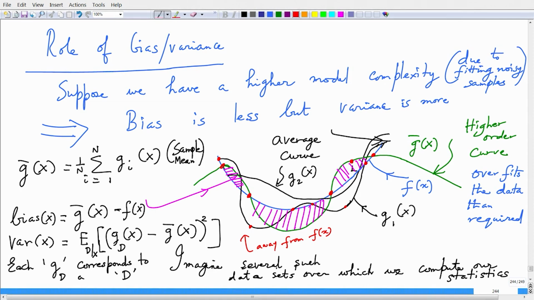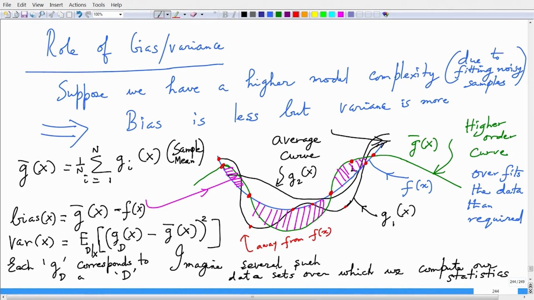So I sample some points that are noisy, I get a curve g1 of x that I can interpolate these points depending upon the model complexity that I have. Bear in mind that I am also fitting noise through this curve.